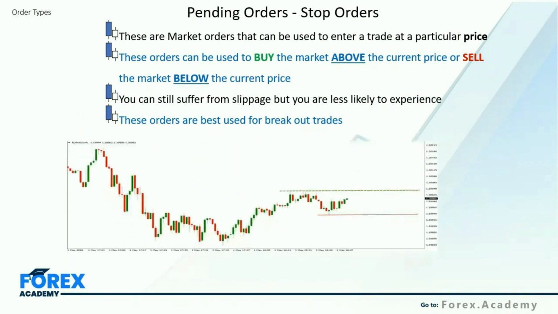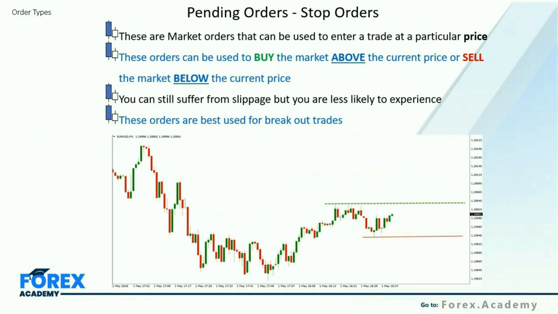The reason why we say this is, just looking at the chart currently up on screen, and if I just grab my pen real quickly, you can see the current price there is at the 1.2000 level. We don't know whether price is moving to the upside or to the downside, but someone that wants to use a buy stop order might identify this dotted green line as a fantastic opportunity to buy.